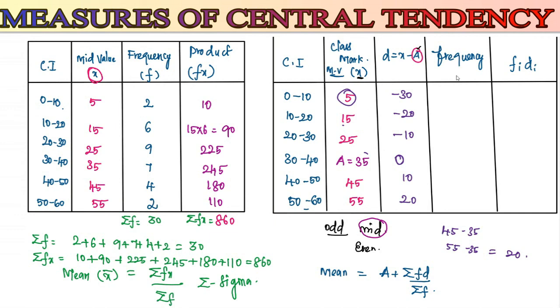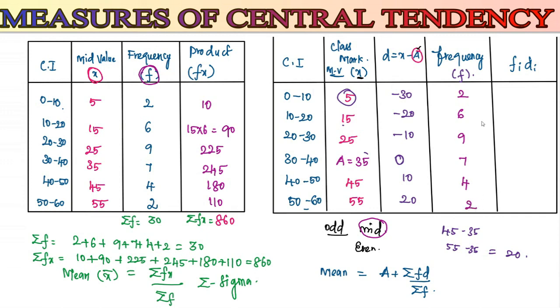Now we have to write the frequency F. The frequency values they have already given in the question. This column I am just going to copy here: 2, 6, 9, 7, 4, 2.